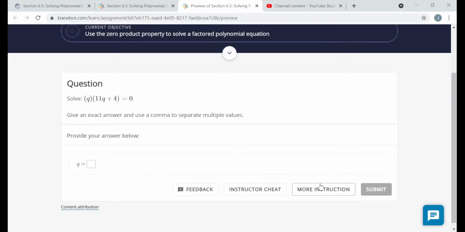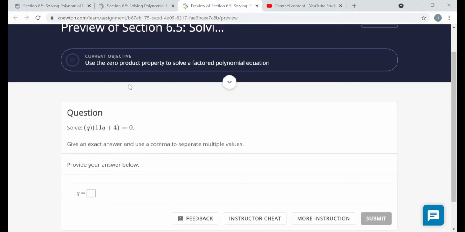Alright, so this first question, the objective is use the zero product property to solve a factored polynomial equation. So you see in this first equation, and this is what we want to do for every polynomial equation, we want to get a completely factored polynomial on one side of the equal sign and the number 0 on the other.